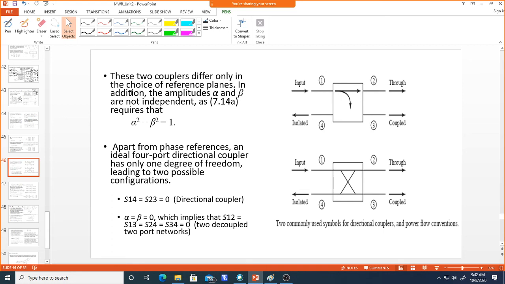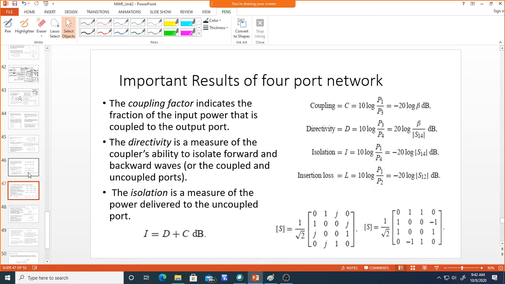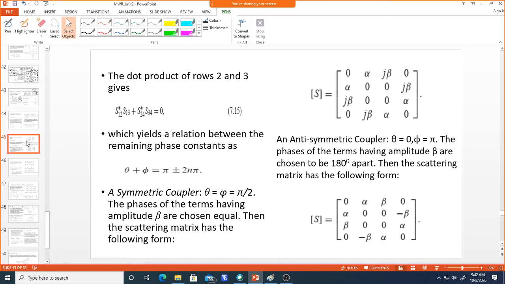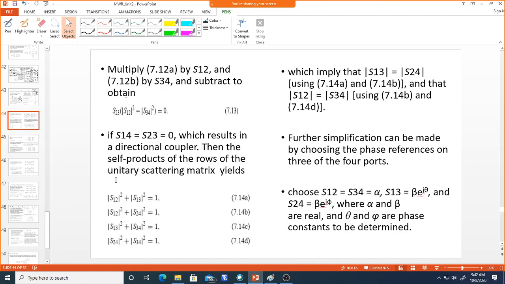These two couplers differ only in the choice of reference plane. In addition, the amplitudes alpha and beta are independent. We can design as per equation 7.14, which is given here, and based on this we can define the values of alpha and beta, which are independent.